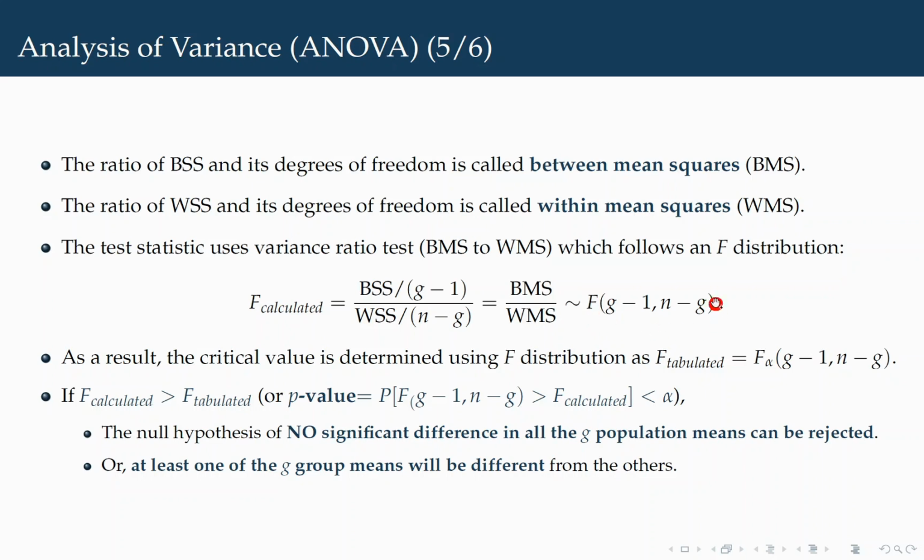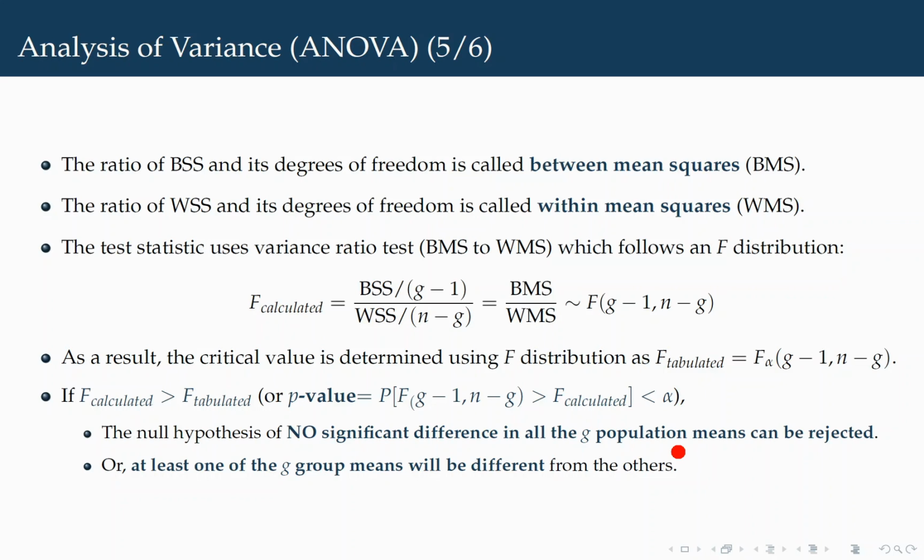So if this calculated value is greater than this tabulated value, then H naught can be rejected. That means the null hypothesis of no significant difference in all the g population means can be rejected.